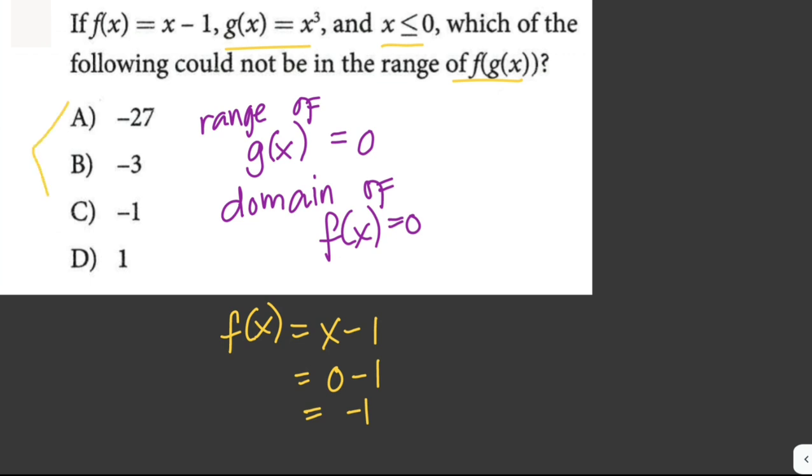So from the choices given here, only one, letter D, is not in the range of f of g of x.